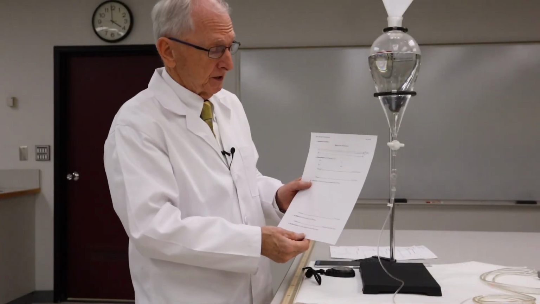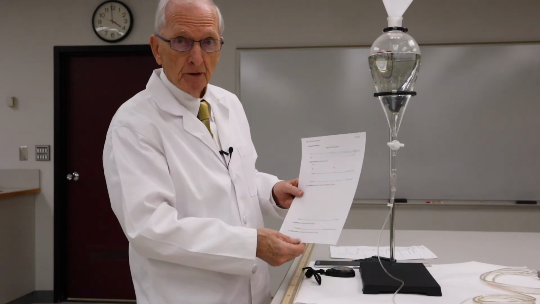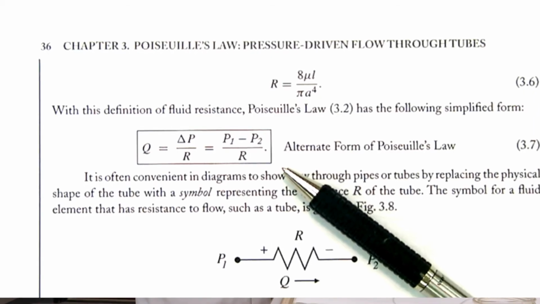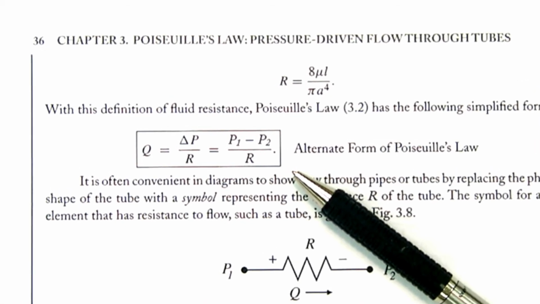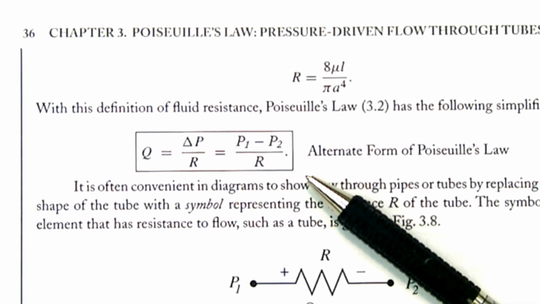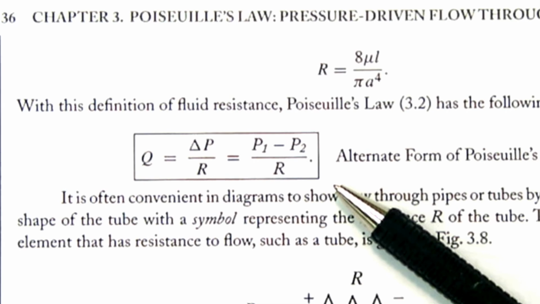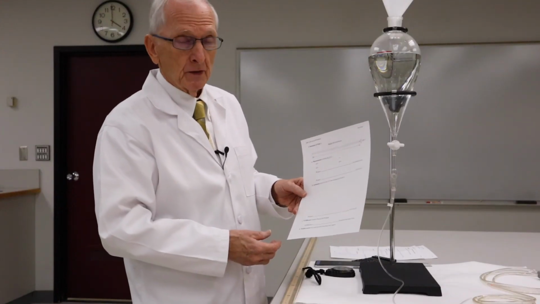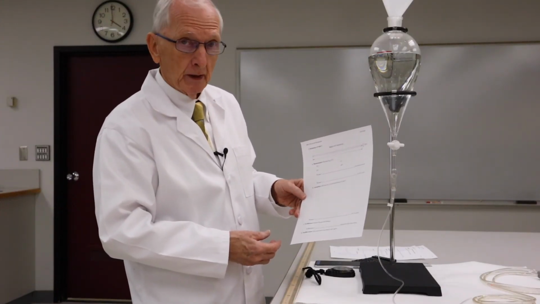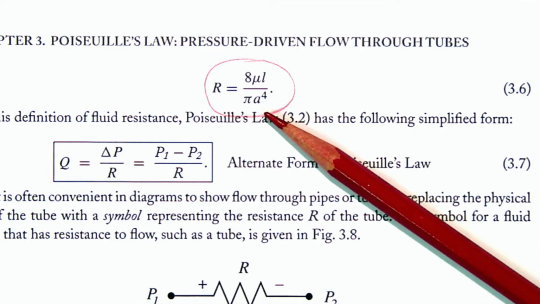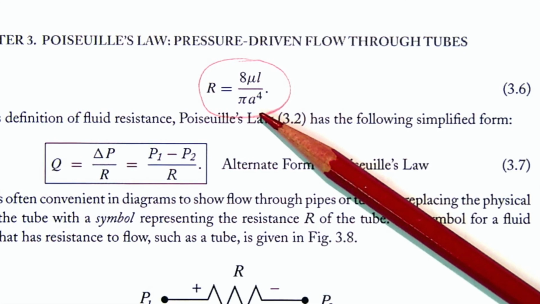Everything we've done up until now has used the simplified version of Poiseuille's law, equation 3.7. Oh, and incidentally, we're going to use that simplified version a lot in the major project later. But now, let's look at the more complicated theoretical expression for R3, namely equation 3.6 in the textbook.